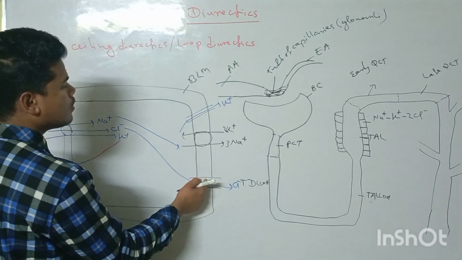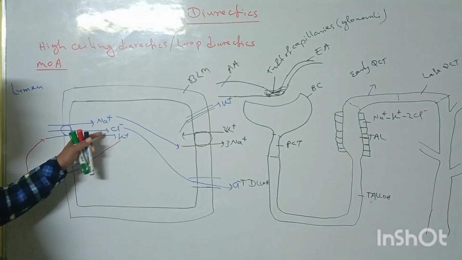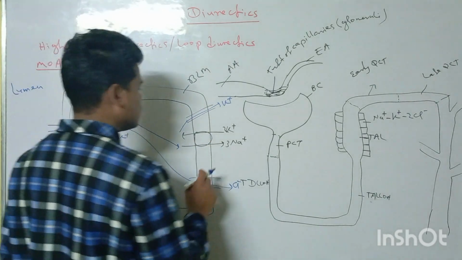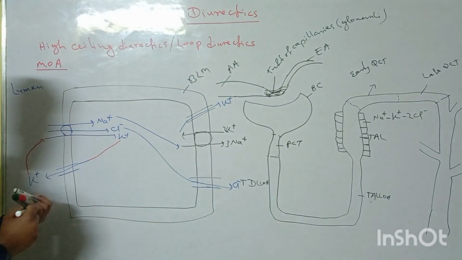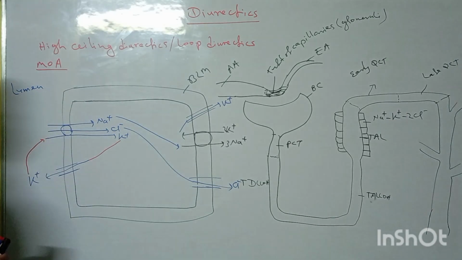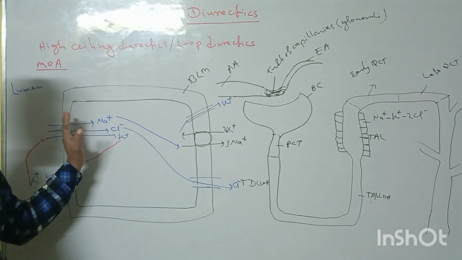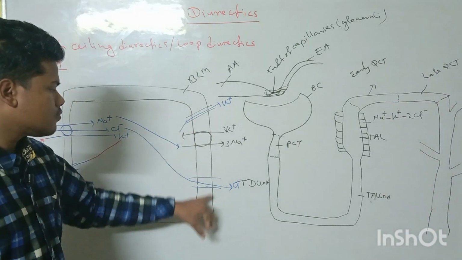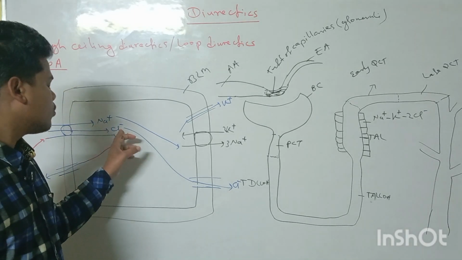This is the chloride channel, this is the potassium channel, this is the sodium potassium 2 chloride transporter, and this is the sodium potassium ATPase. So now this is normal physiology. Here sodium, chloride and potassium are transported inside the cell in equivalent amounts.